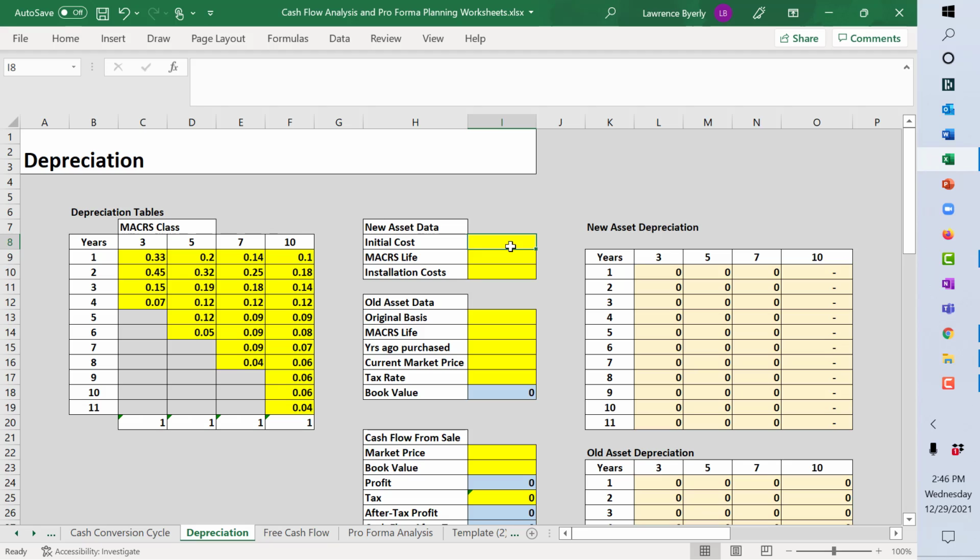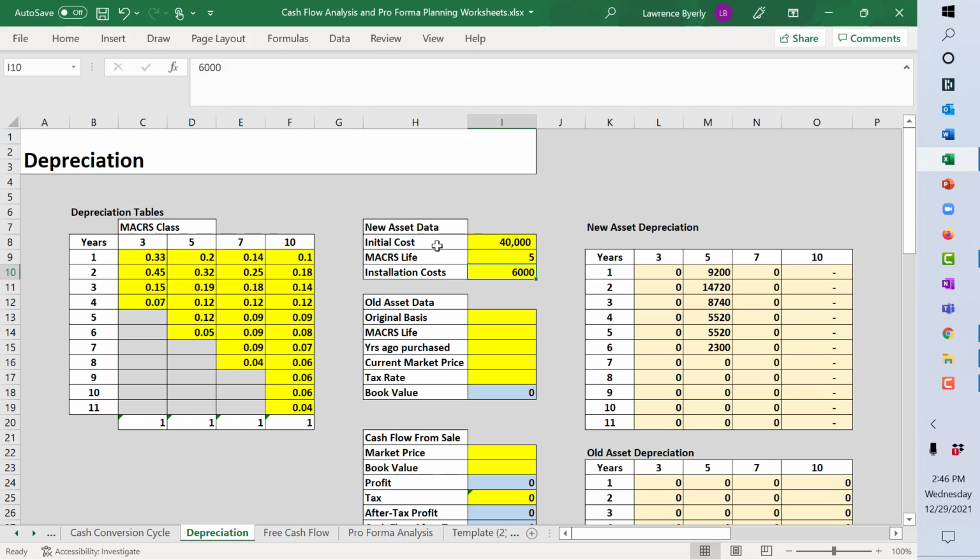So let's say we're going to buy a new piece of equipment that costs $40,000. It's going to have a 5-year life, and it has $6,000 worth of installation costs. Now, you have to be a little careful here and understand what information you're given.